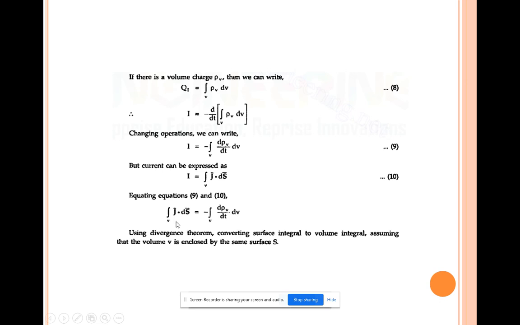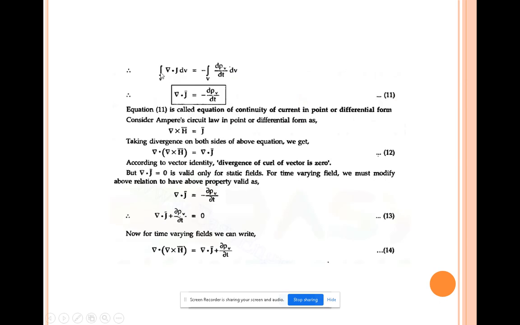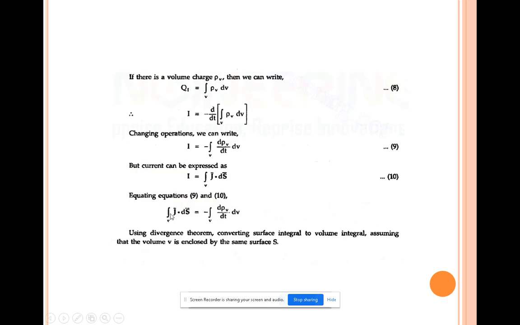Okay, what is the divergence theorem? You can convert the surface integral ds into a volume integral dv. On the left hand side, the closed surface integral has to be changed into dv. So how do we change it? Integral del dot j, we take del dot of j. With the divergence theorem, if you take del dot, the surface integral becomes a volume integral.